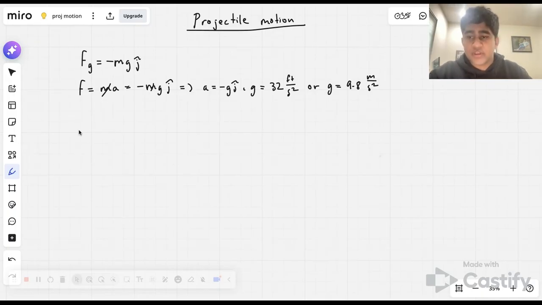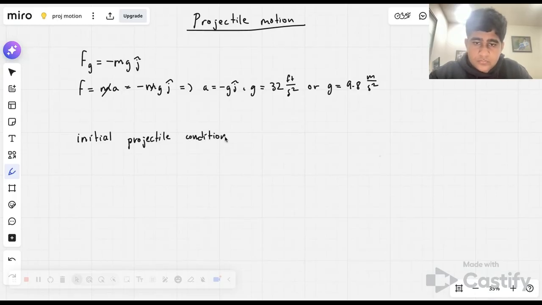Suppose I have a projectile with some initial conditions. Let's say this projectile has a mass of m.